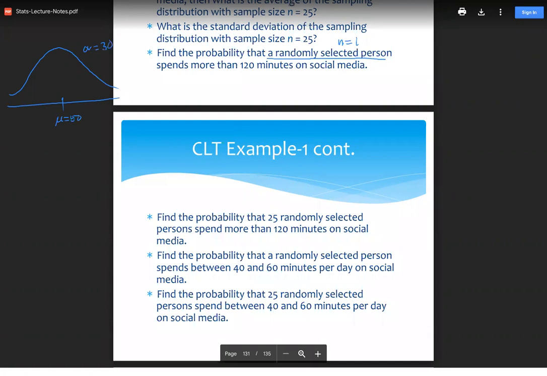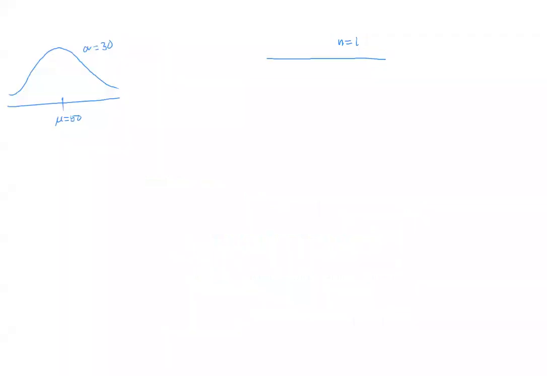So when you are trying to find the probability that a randomly selected person, X, is greater than 120, that a randomly selected person's time spent on social media is greater than 120, right?